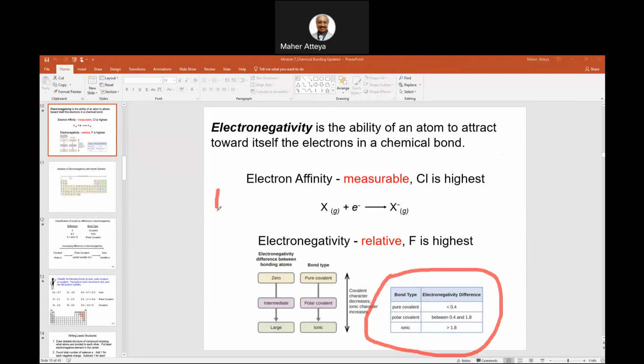So the HF, although it's a covalent polar, it acts like ionic because it has a value of, it should not be over 1.9. More than 1.9, not 1.8. So it's a covalent polar. Covalent polar. Let's do another one.